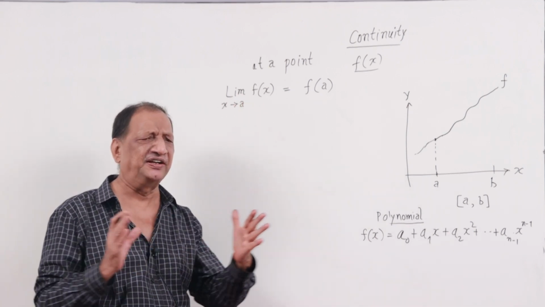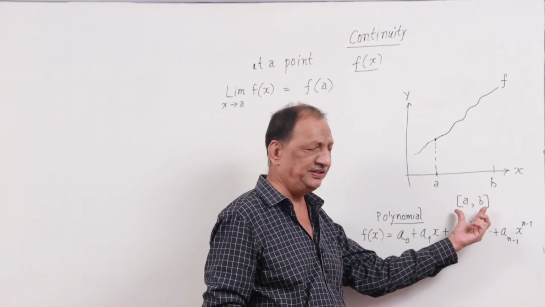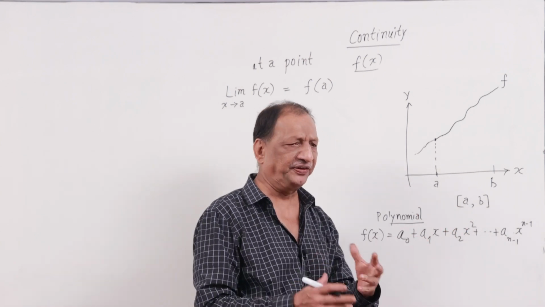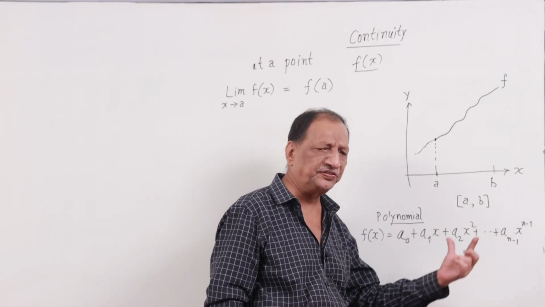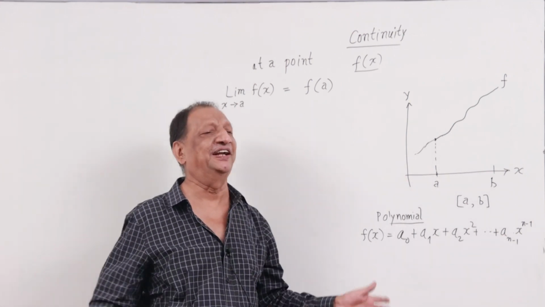Then obviously we can extend the same thing. If I have an interval like the closed interval [a, b], this is the definition: the function f(x) is continuous in this closed interval if it is continuous at every point in the interval.